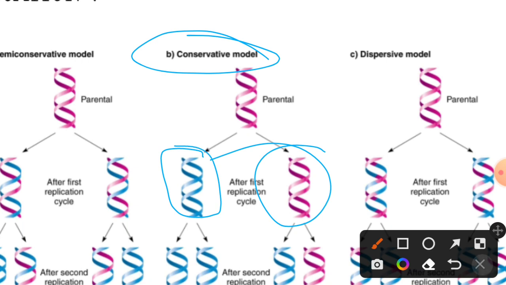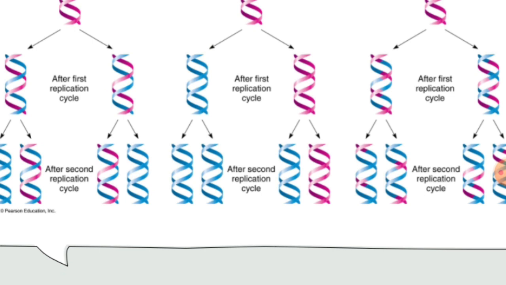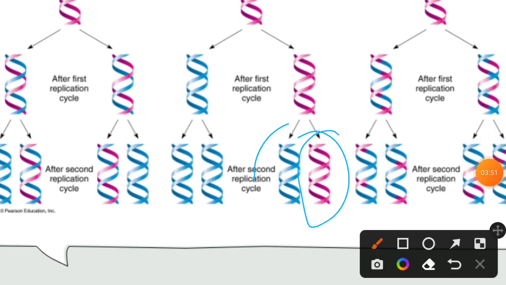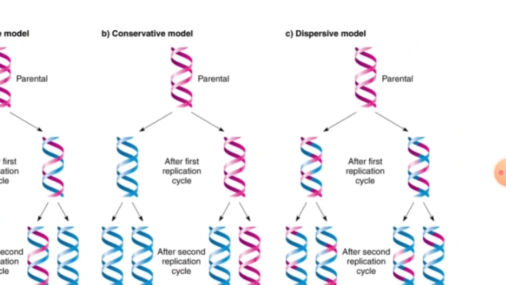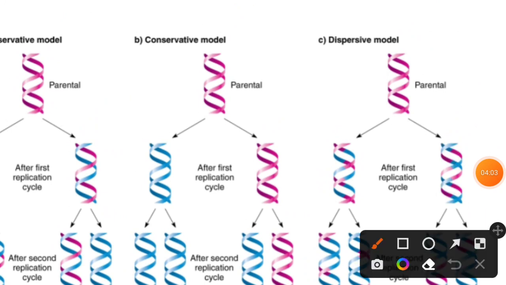Then in the second generation, there will again be one parental DNA and one newly synthesized DNA, and there will also be two new DNA molecules synthesized. That is the concept of the conservative model.